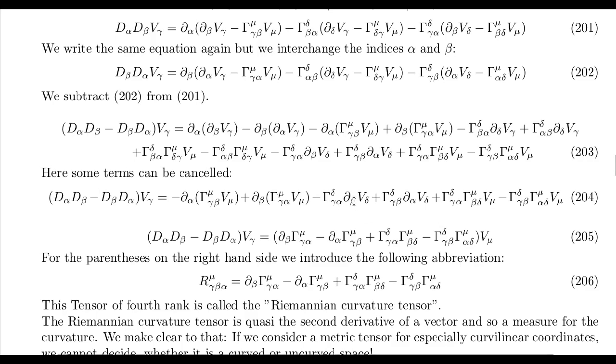If we exchange alpha and beta, we would only change the sign, but we have minus plus, and it makes no difference whether we have minus plus or plus minus, we can cancel them out. And so we still have the 2 remaining terms, which we find here in 205, and we have factored out V mu.